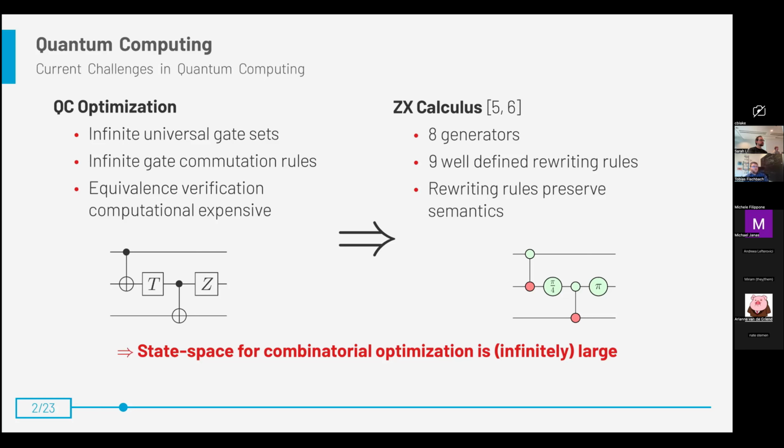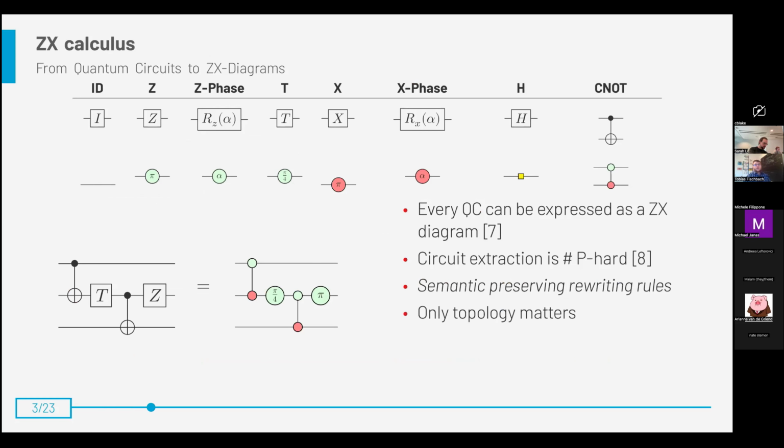This means some rules we can always apply, and the art, so to speak, is to know when to apply what rewriting rule and especially when to stop. On the one hand, the ZX calculus is really cool because we can express every quantum circuit as a ZX diagram. However, the reverse is not true, and this is known as the circuit extraction problem.